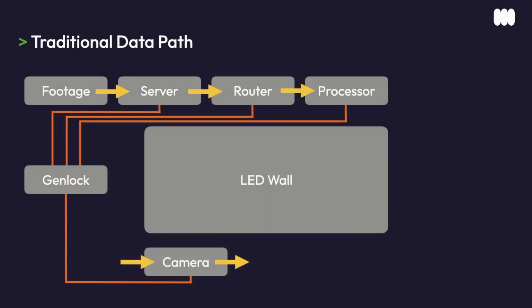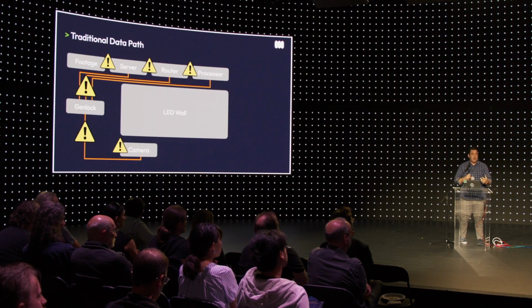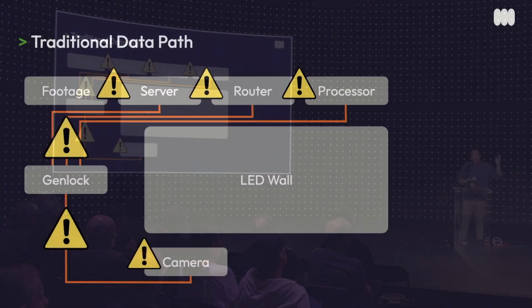So if we look at a traditional data path for some of these systems, we have footage that could be network attached storage or coming in from AWS or something like that, streaming in. We have servers like Disguise servers or Pixera. We have video routers, and then we have processing. All along that chain, typically it's been cables that are copper, protocols that are different, connectors that are different, and these are all failure points because they're all disjointed systems, and they're all serially connected.